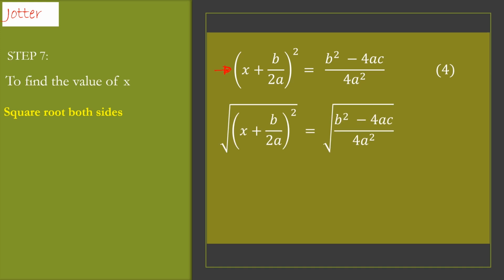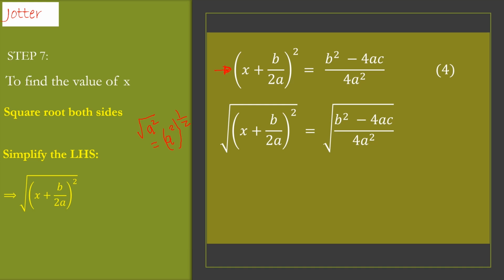So we now want to simplify the left hand side so that we can take x out. Simplifying the left hand side, the square root of a squared is the same thing as a squared to the power 1 over 2. 1 over 2 is square root.